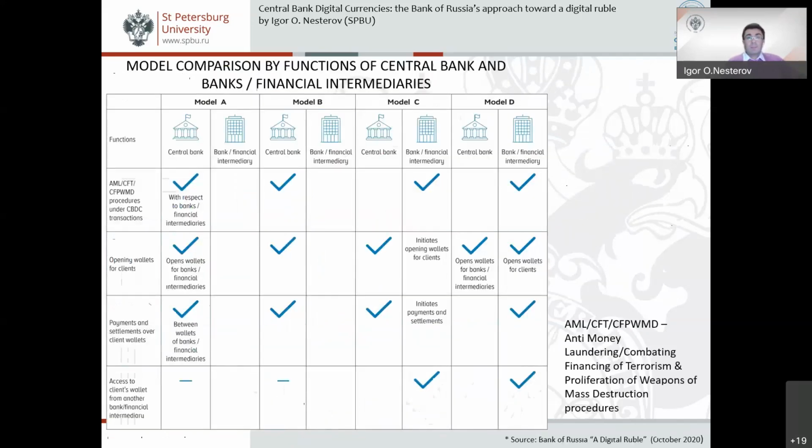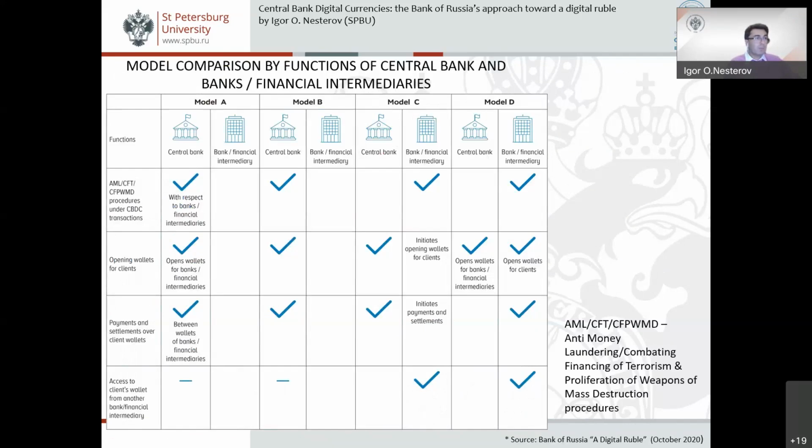Let me move to this comparison table where all four models are presented. So this is a model comparison by function of central banks and financial intermediaries.